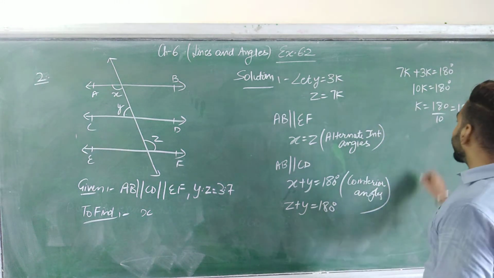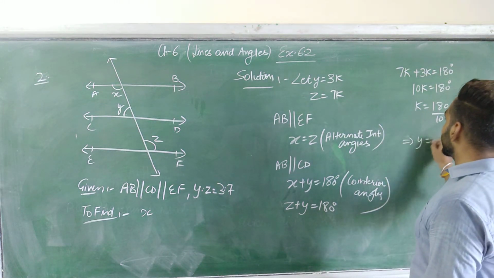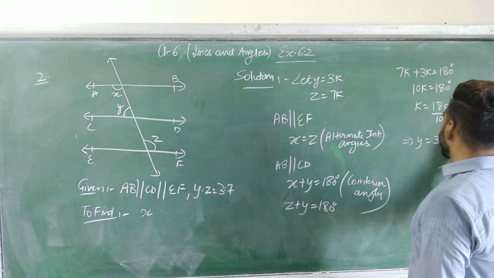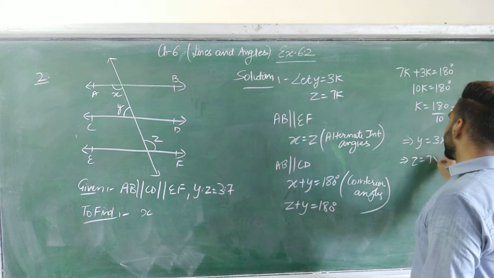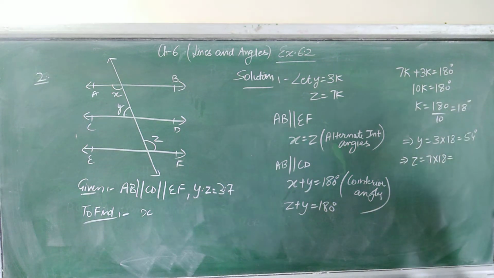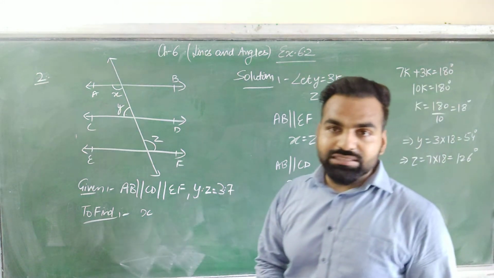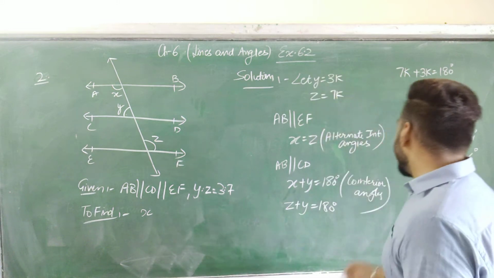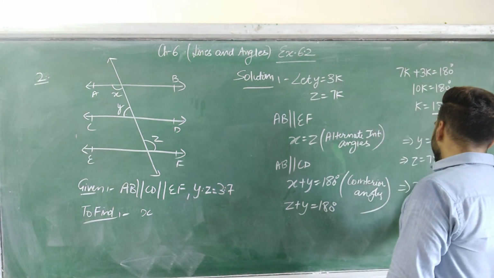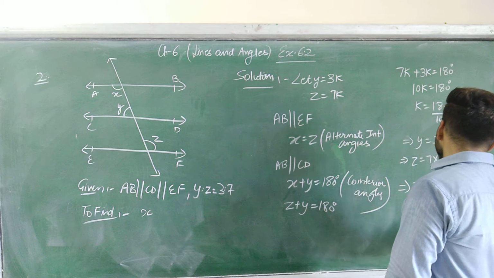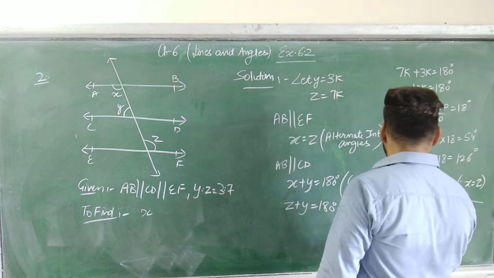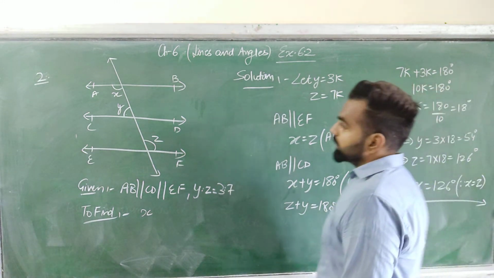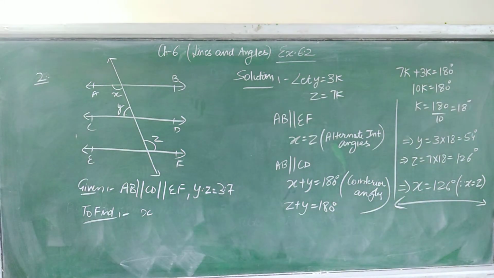So the value of y is equal to 3 into 18, that is 54, and the value of z is equal to 7 into 18, that is 126. And we know that z is equal to x. We have to find the value of x. So finally, x is also equal to 126 because x is equal to z. So this was question number 2 of exercise 6.2.